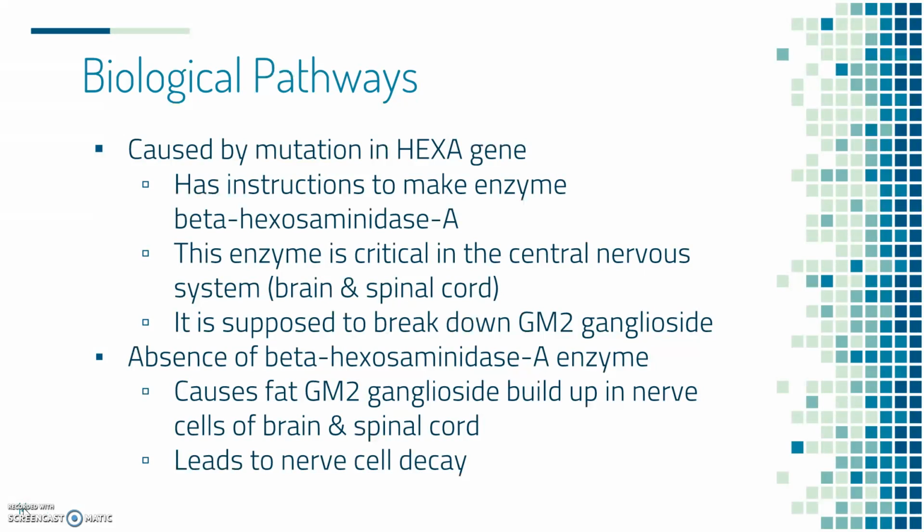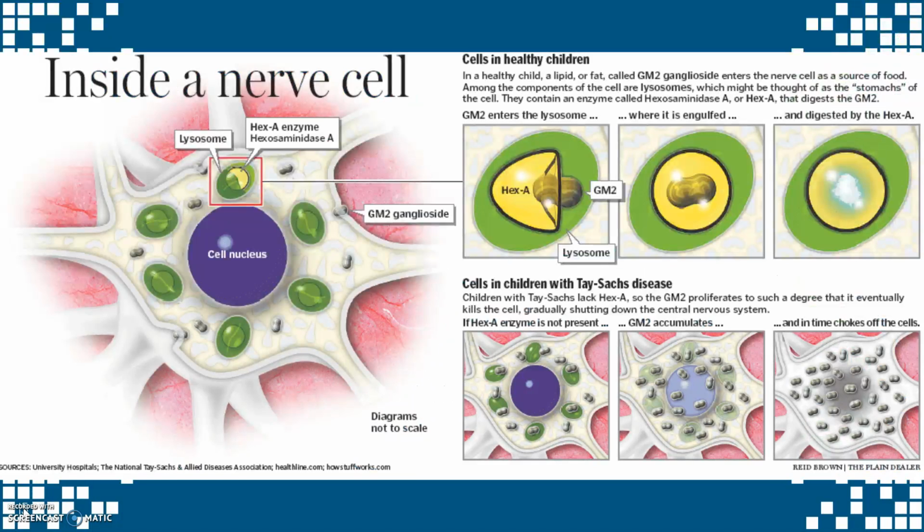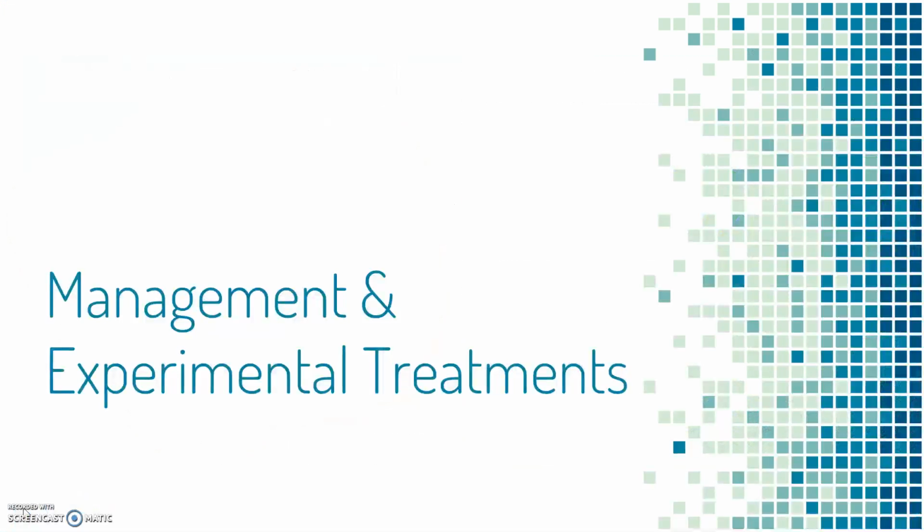And so GM2 ganglioside builds up in the nerve cells of the brain and spinal cord, which leads to nerve cell decay. And this slide just shows how cells are affected in a healthy child versus in a Tay-Sachs child. And you can just see how the cell breaks down because of the ganglioside.